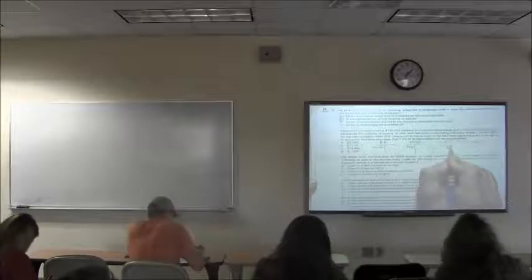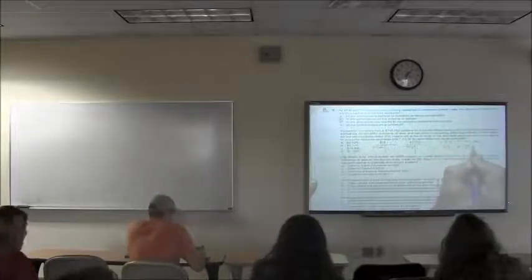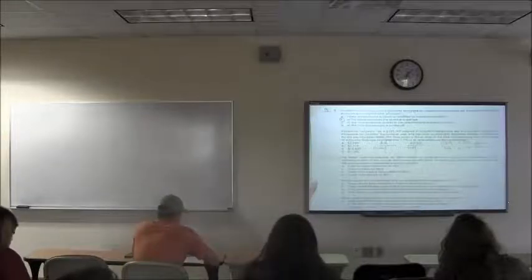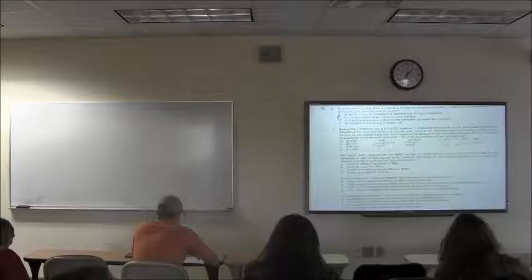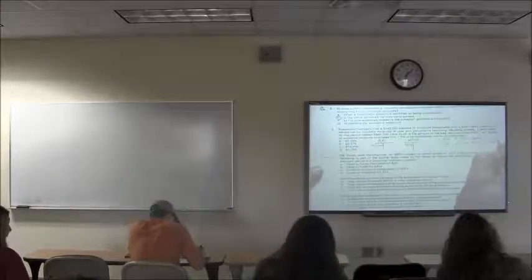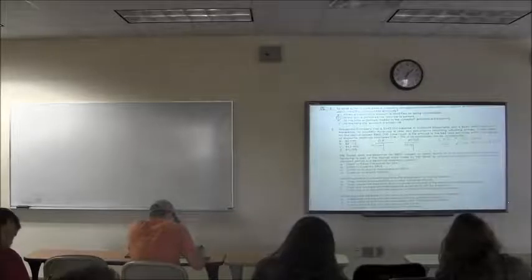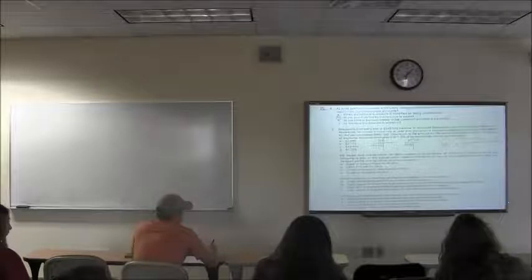So that's 1.5 divided by 100 times 145,000. That gives me how much? 2,175. Okay, so now let's make a guess at our answer. Who thinks the answer is A? B?